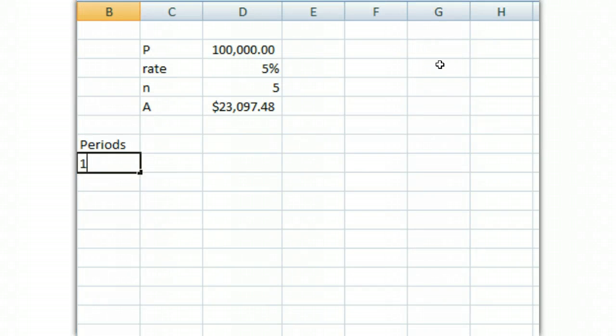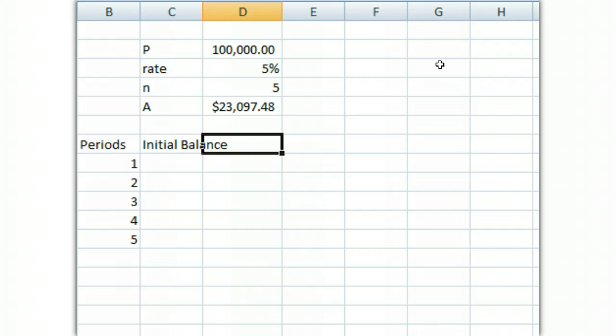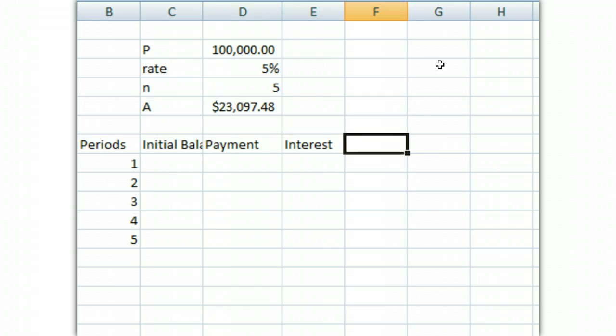So we have periods 1 through 5, and we have the initial balance. We have a payment, the total payment. We have the interest, the amount to reduce in the principal, and the ending balance.